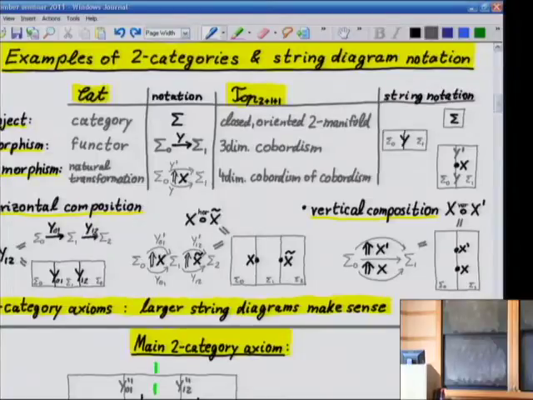The reason is that all these pictures here really tell you how to build a piece of four-manifold. Right? So if you just have an object, a surface, you can build a piece of four-manifold by taking this little patch times the surface. Right?